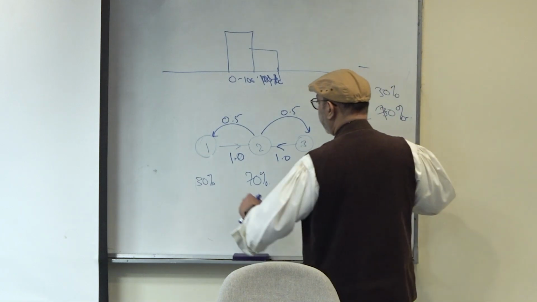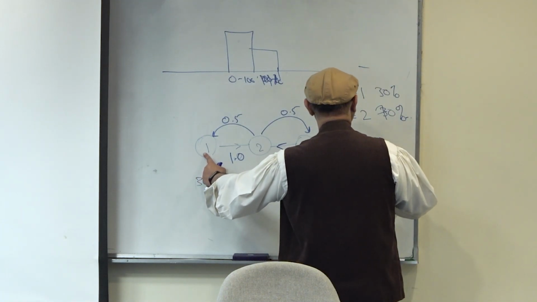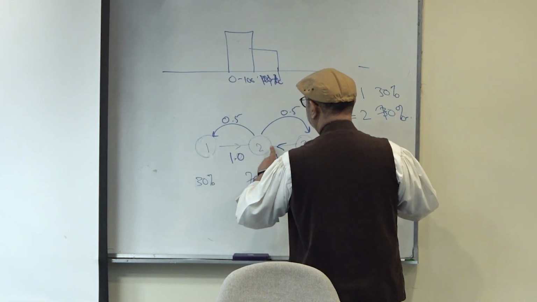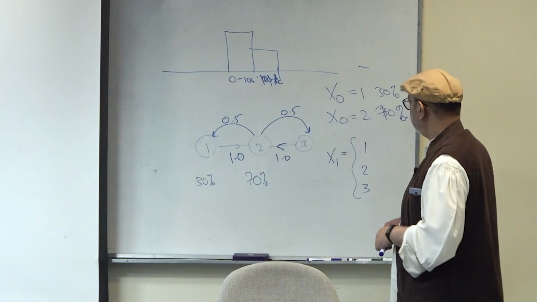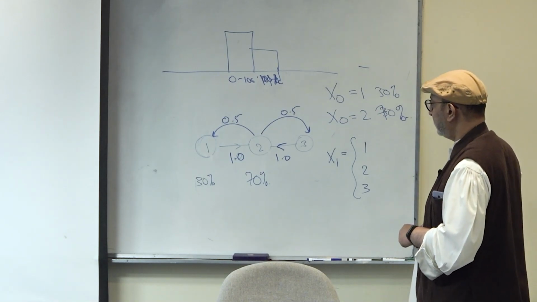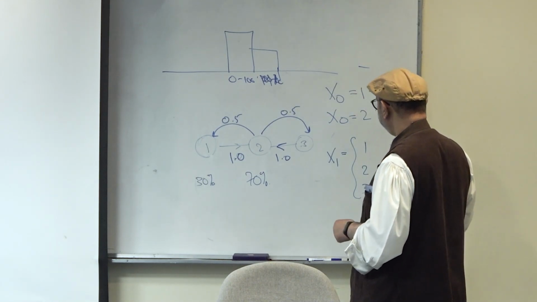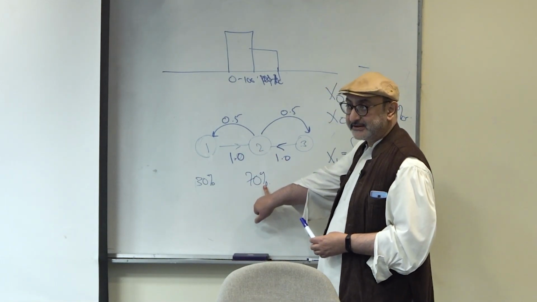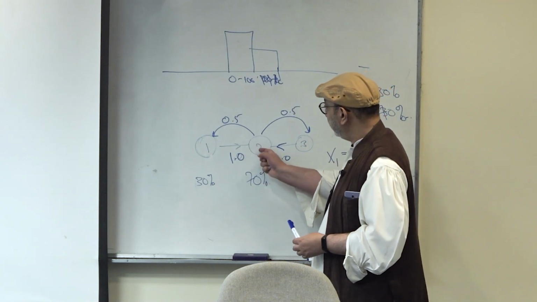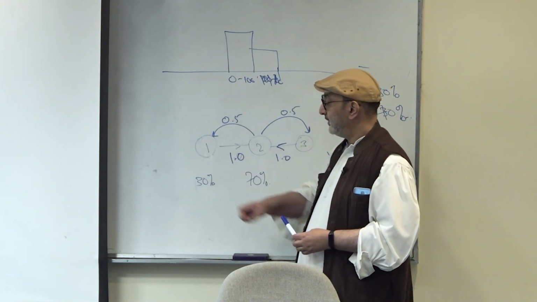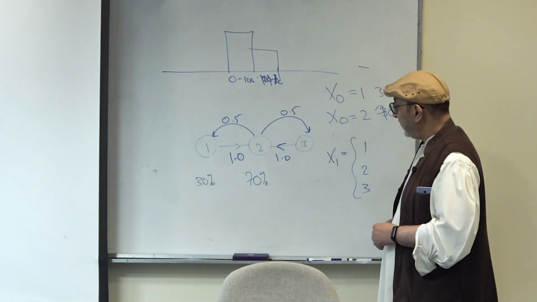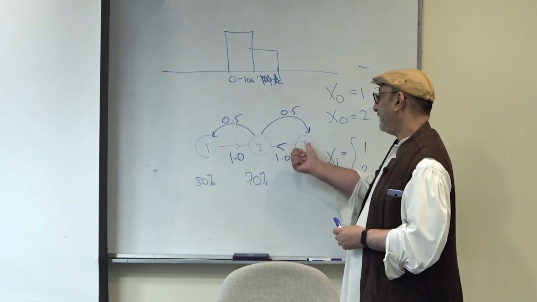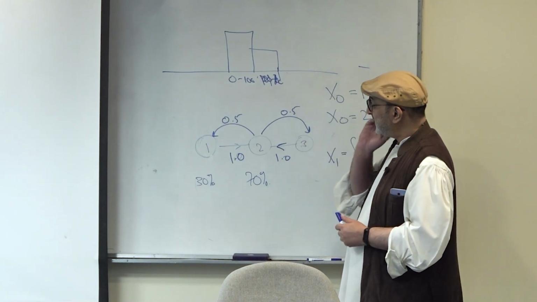Well, I could have started off at 1 with probability 30%, and then I would have had to go to 2. I could have started off at 2 with probability 70%, and then I could have gone to 1 with probability 1/2. I could have started off at 3. Well, I couldn't have started off at 3.